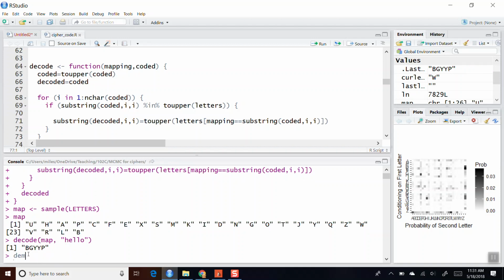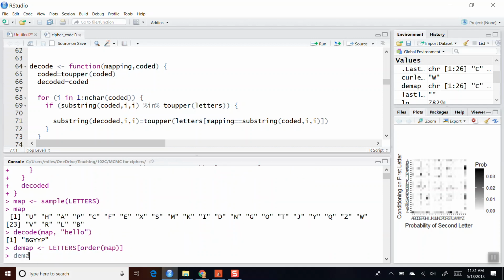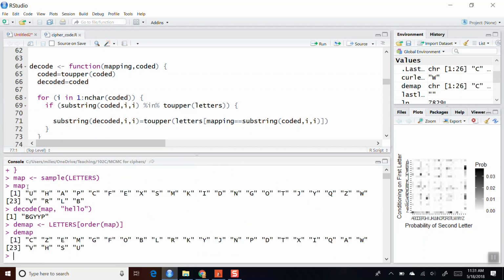All right, and then for the D map I would have to take our letters and do order of map, I think. So A corresponds to U, B corresponds to H, and C corresponds to A. So this would be the D map where C corresponds to A, Z corresponds to B, E corresponds to C, and we can kind of see this work out, right?